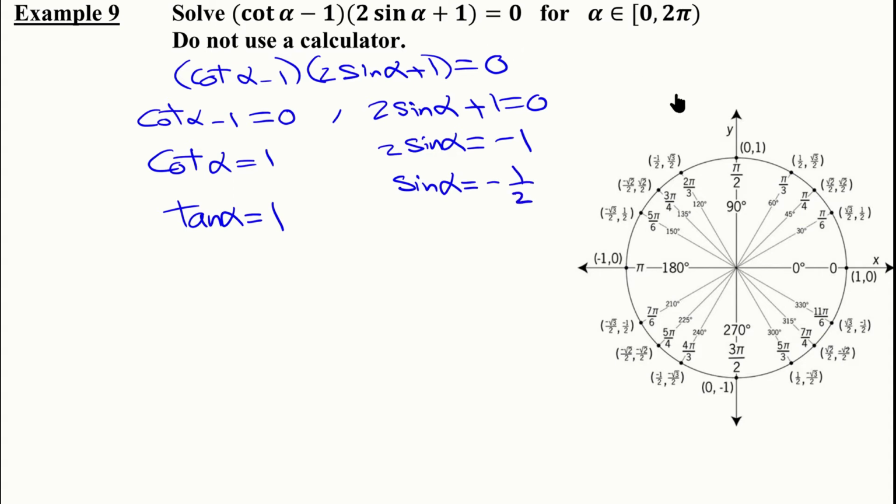Once again, we're looking for solutions going once around the whole circle. So for this one, we want the tangent to be 1, and remember, tangent is the sine of alpha over the cosine of alpha. We want that to be 1. In other words, we want the sine of alpha to be the same as the cosine of alpha. In other words, we're looking for angles whose x and y coordinates are the same.